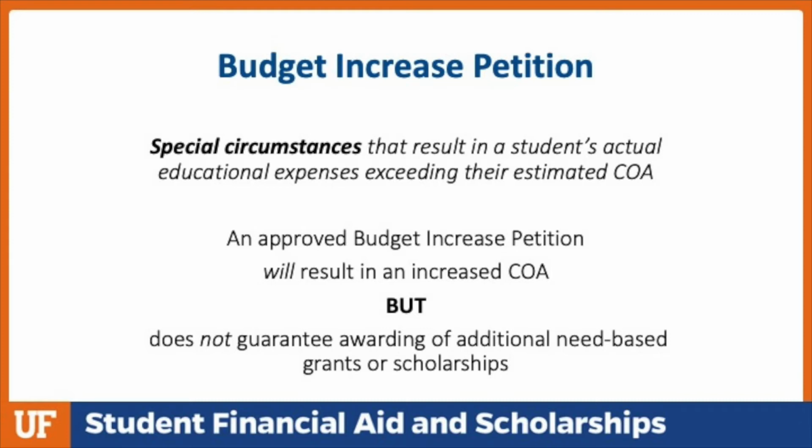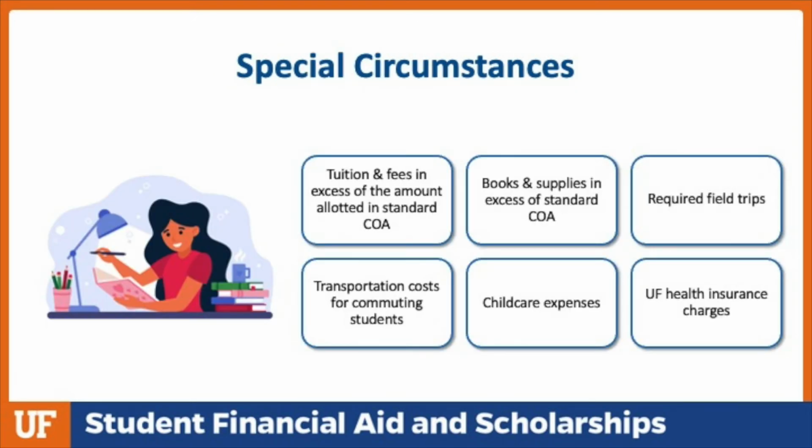Keep in mind, however, that an approved petition does not add additional aid to the student's file. It only creates room in the student's budget. Students with an approved petition typically request additional loan funds or an increased work-study limit. Various types of expenses that our office can consider include tuition and fees that exceed the standard cost of attendance, books and supplies that exceed the cost of attendance, required field trips, childcare expenses, UF health insurance charges, and so on.